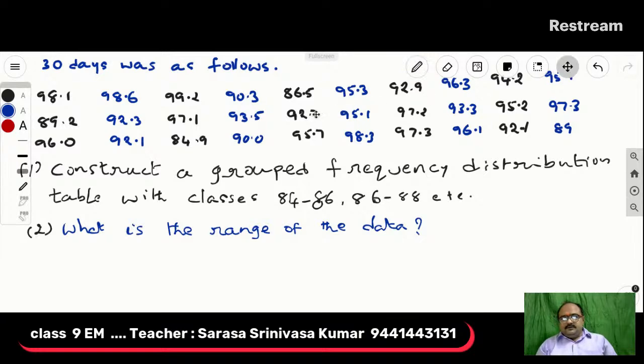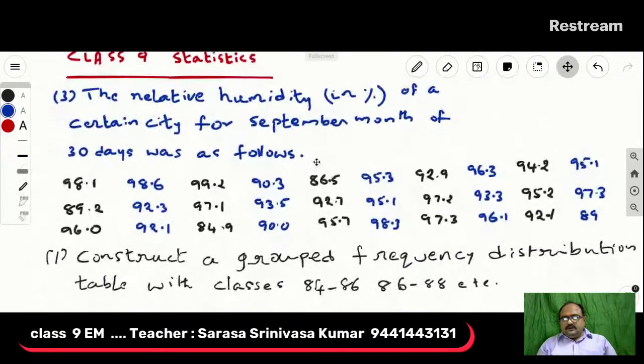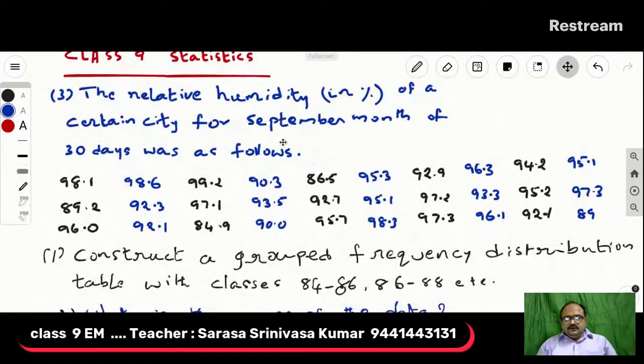So in this problem, 30 relative humidity values of a city are given for the month of September. September month has 30 days, so we get 30 observations.